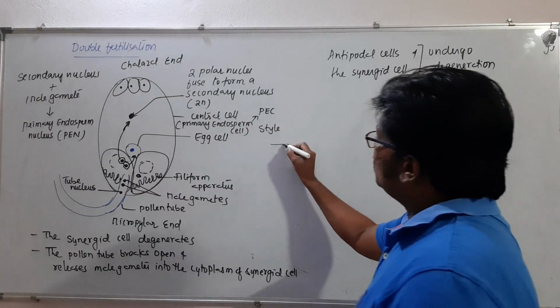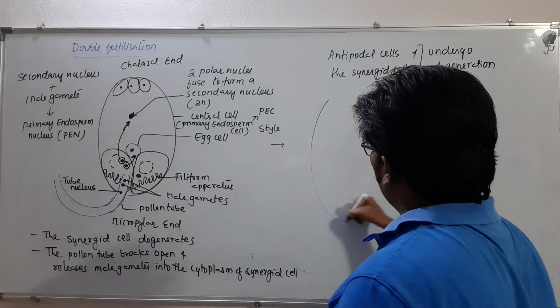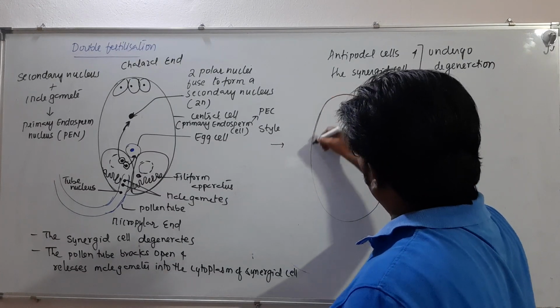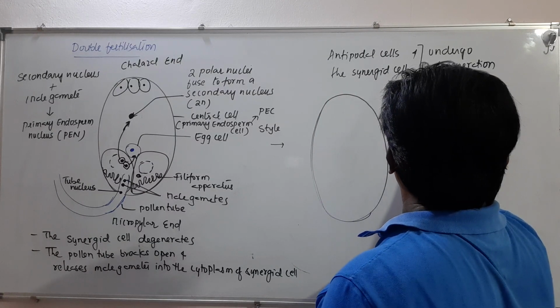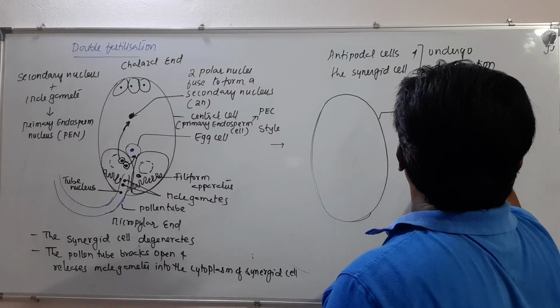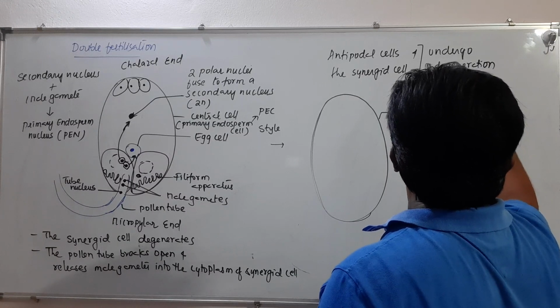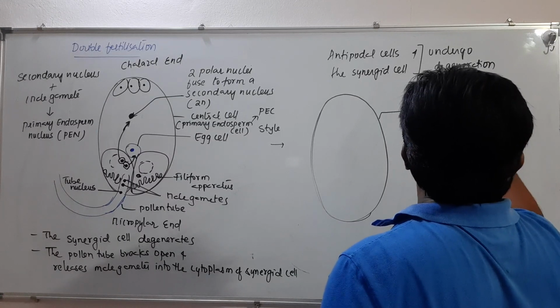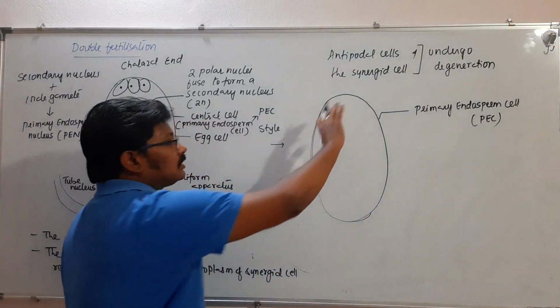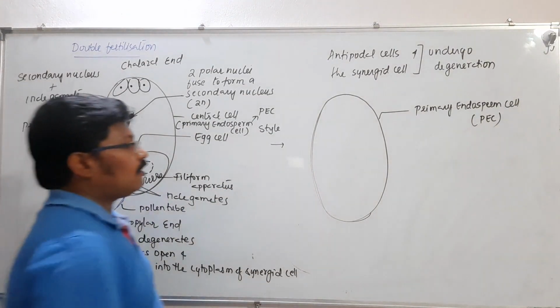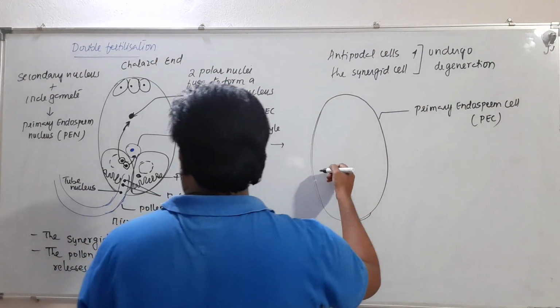So what remains inside the primary endosperm cell? The antipodals and synergids have degenerated.